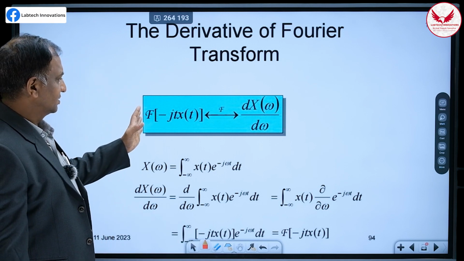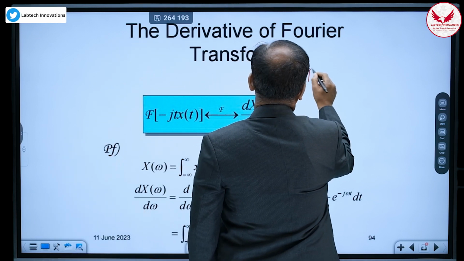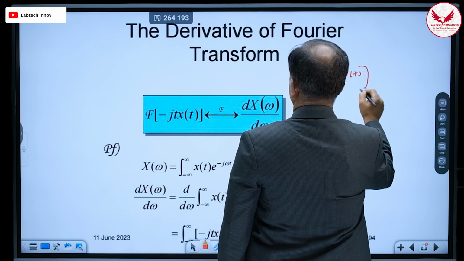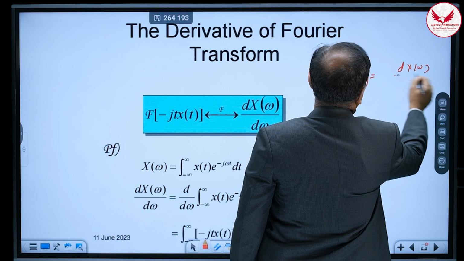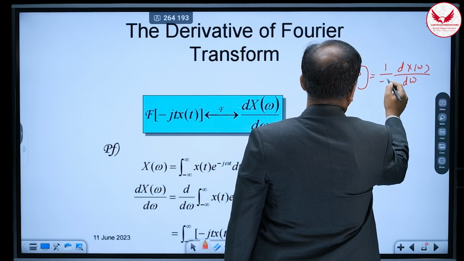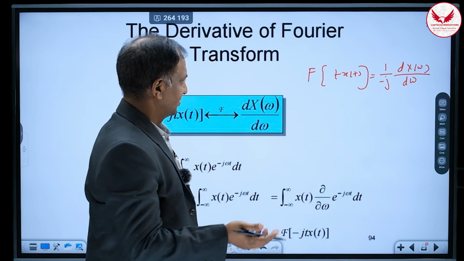So if this property indicates the same, I will write the Fourier transform of t into x of t. So this is equal to d by d omega into 1 upon minus j, where 1 upon minus j will go to the numerator.